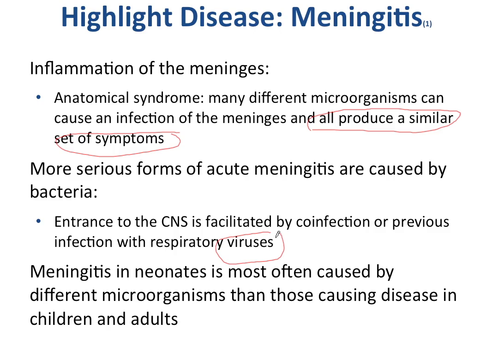Meningitis can break out in all ages, such as in neonates, children, and adults. However, the pathogens are different. The pathogens for meningitis in neonates are different from the pathogens in children and adults.